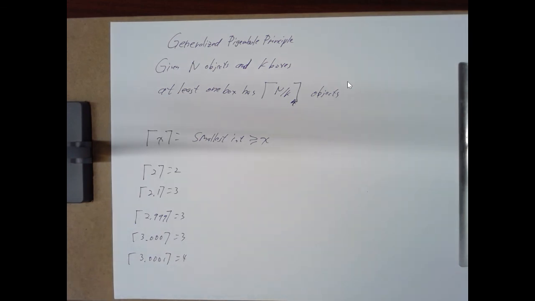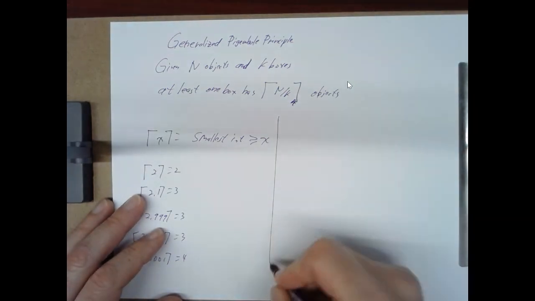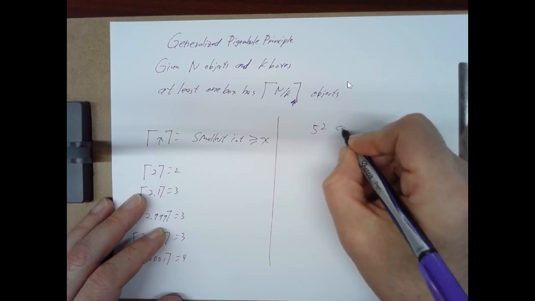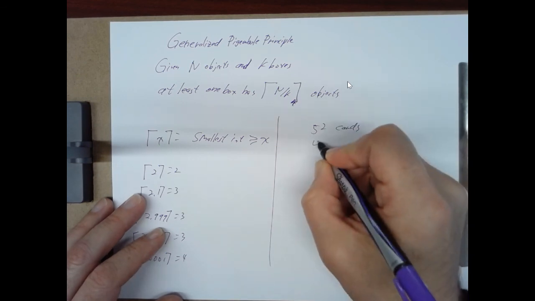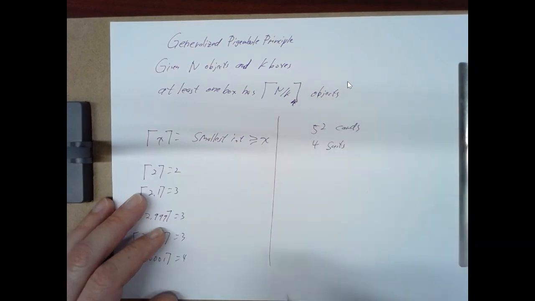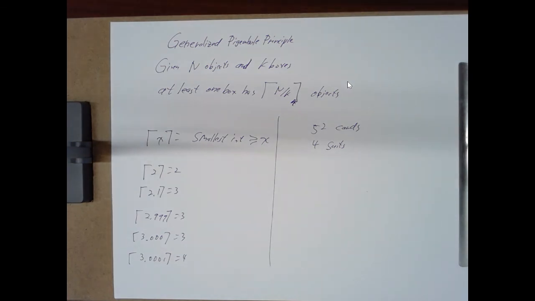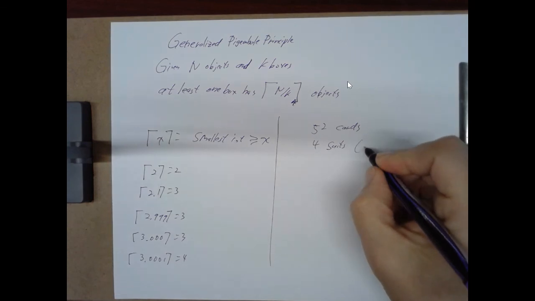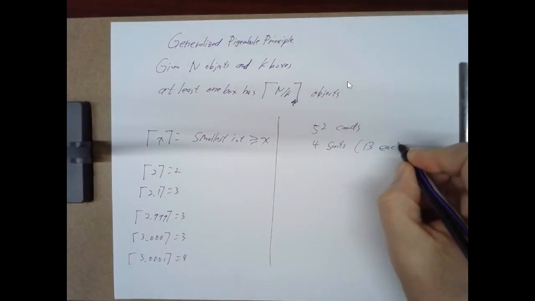But for example, if you have 52 cards, and they come in 4 different suits, so clubs, diamonds, hearts, spades, 13 of each.